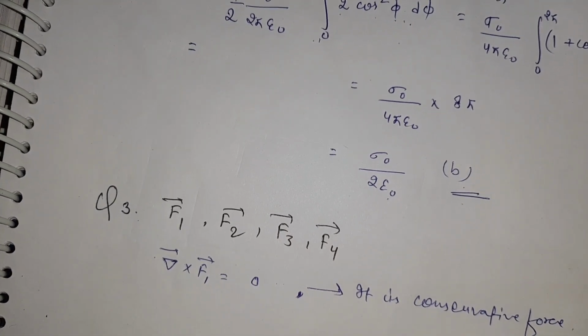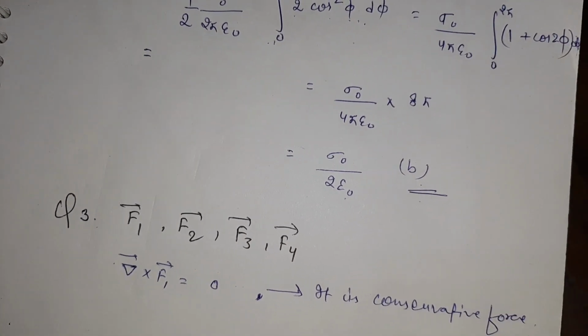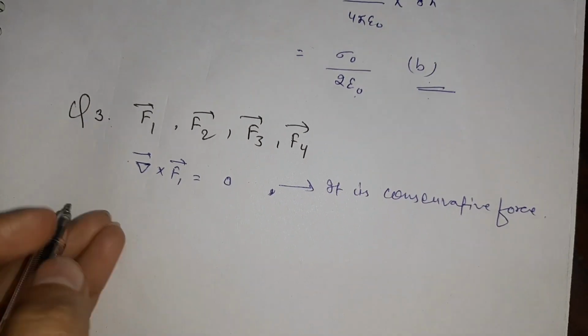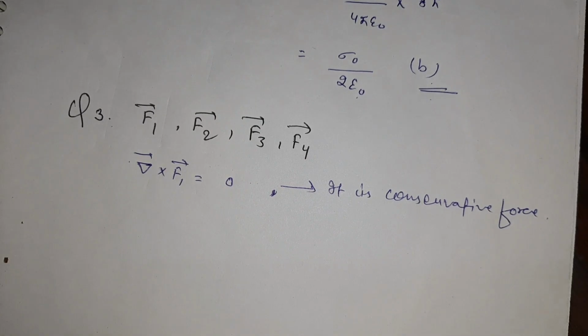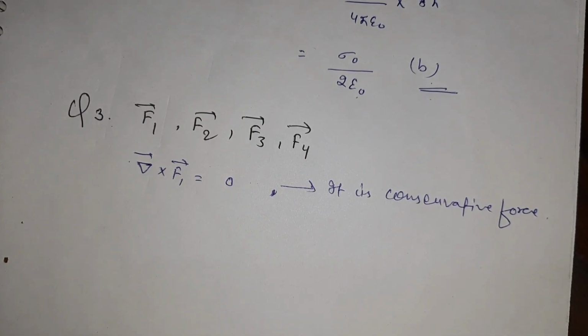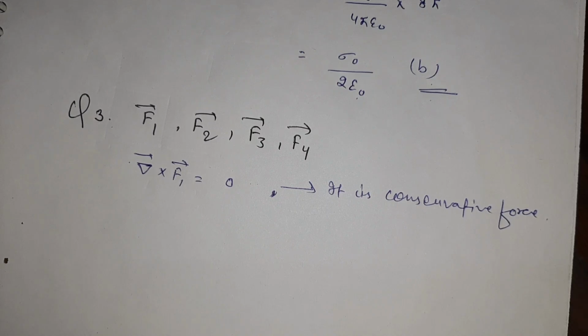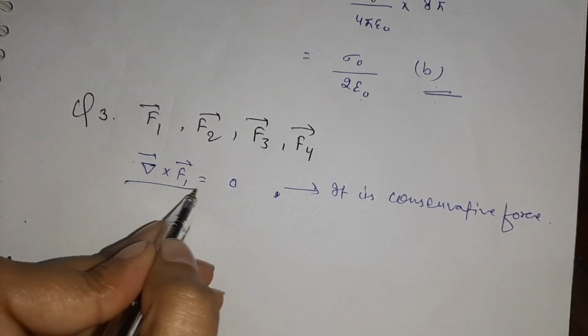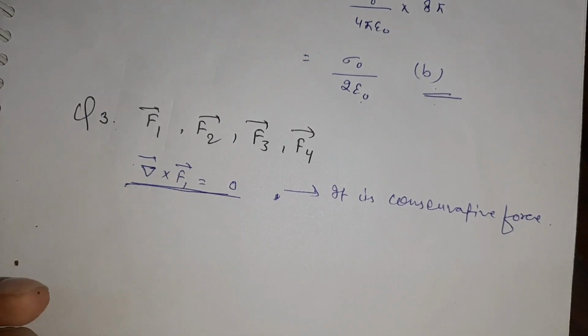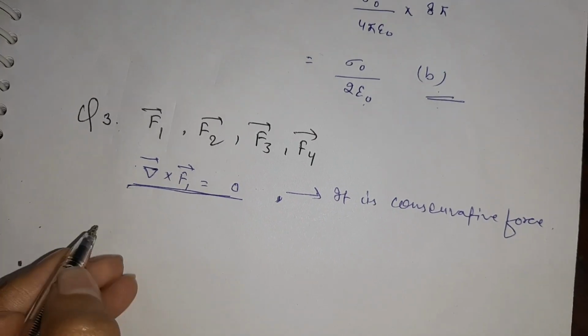Okay. Now if we find the expression for F1 vector, we will observe that, on calculating this, I hope you can easily calculate the curl of any vector. Let me show you how we can do it.